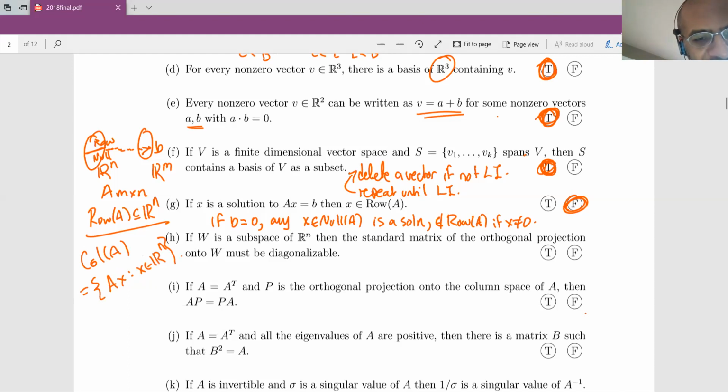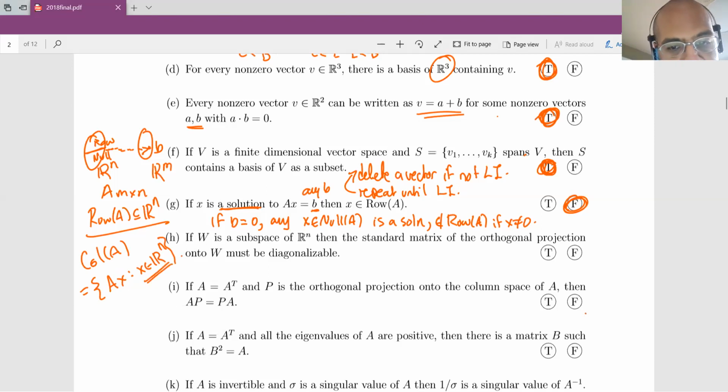And it's asking about a solution to AX equals B for any B, which must be in the column space, otherwise there's no solution.